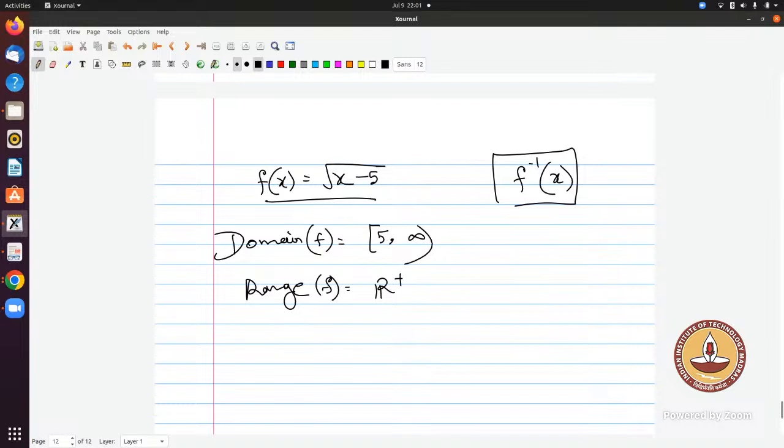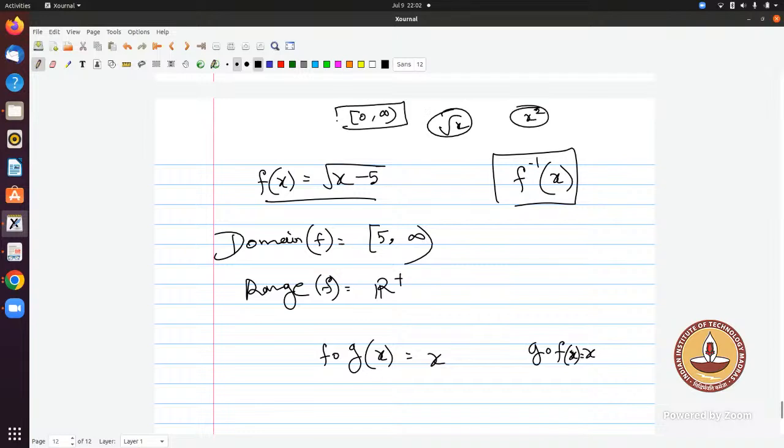Now for this type of function, we have to give a function g for which f compose g is identity, that is x, and g compose f is also identity. For root x, we have seen it as x squared for the restricted domain 0 to infinity. Here there is a minus 5 under the root, so generally the inverse should look like x squared plus 5.